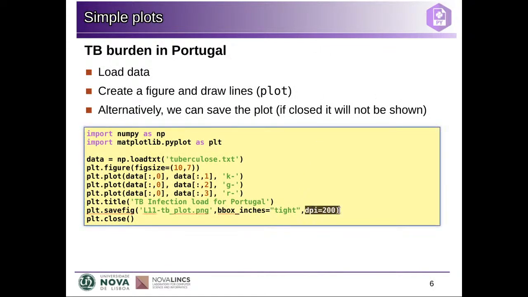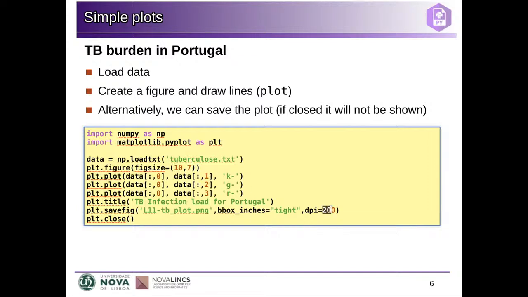And this is the resolution, dots per inch. So this, combined with the figure size that you can specify when you create the figure, will determine the total resolution in pixels. This figsize is a tuple that has the width and the height of the figure in inches.